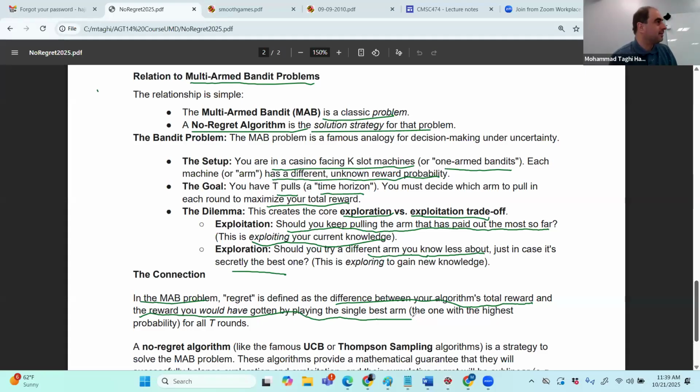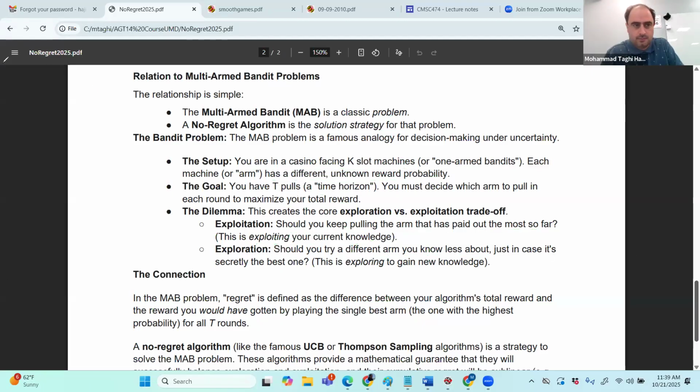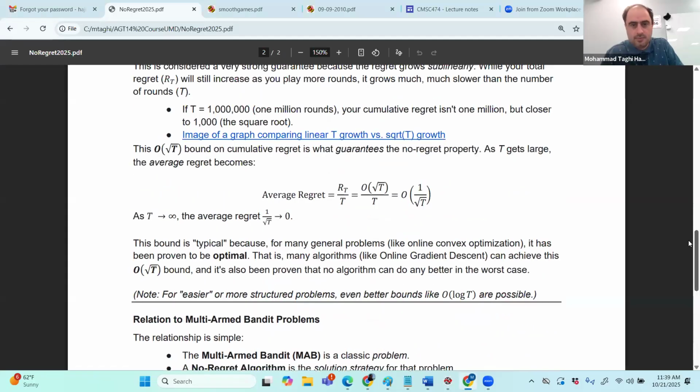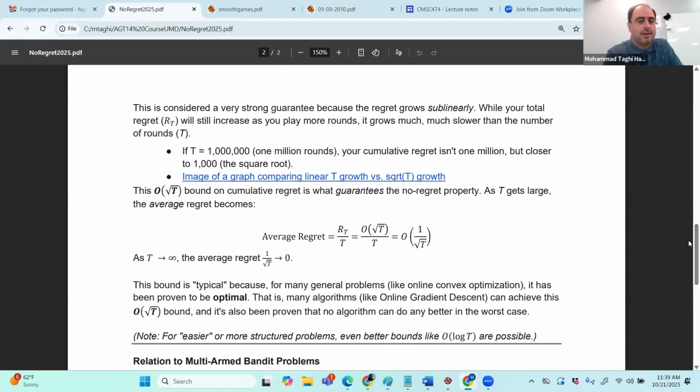So the ratio of the reward of my algorithm to the optimum goes to zero. Because of that, I consider the average regret, which is R_T over T.